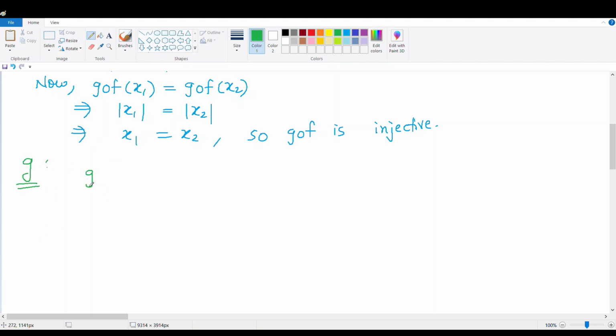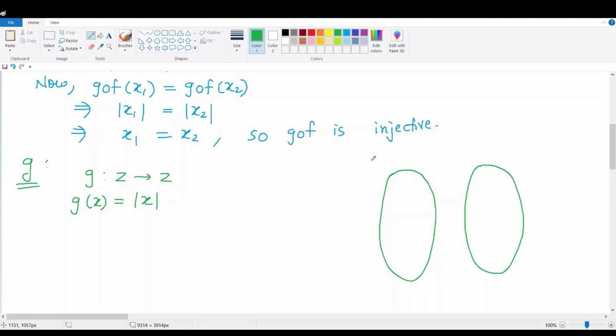Let me just rewrite that function G was from integer to integer, and the function definition of G of x was mod of x. Now let's visualize a little bit what happens in that function G. It is from Z to Z, and G of x is mod of x.